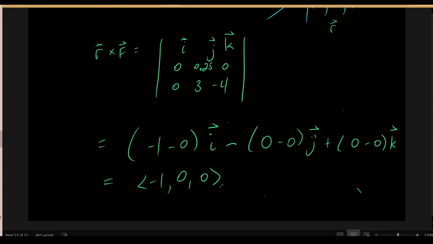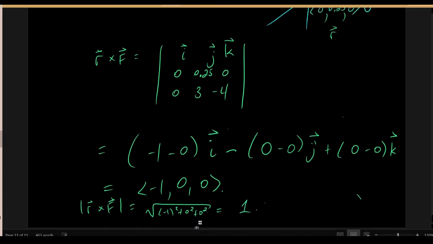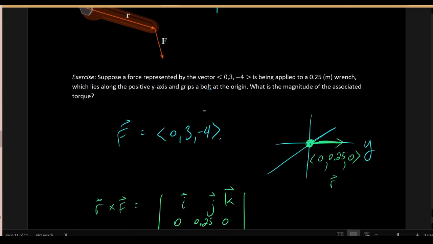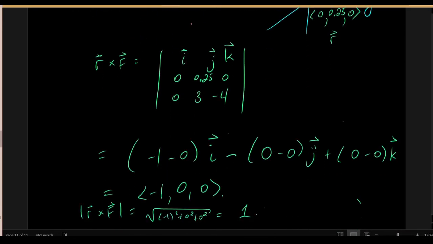So the magnitude of this is super simple. The magnitude is equal to the square root of -1 squared plus 0 squared plus 0 squared, which is equal to 1 unit. Whatever units are appropriate based on the units that would be given for the force vector. I haven't worried about that here.